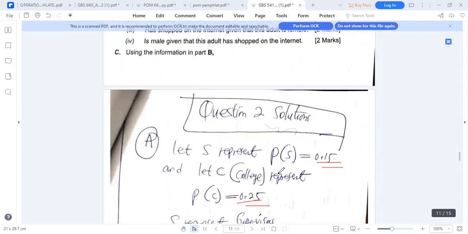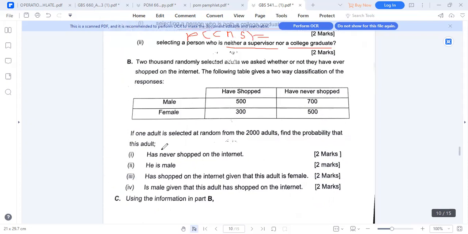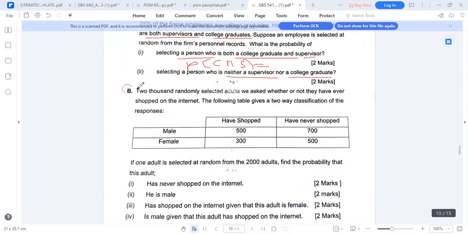All right, now getting down to the joint probability for part B. For the joint probability, we are simply looking at the total N, which is 2000.